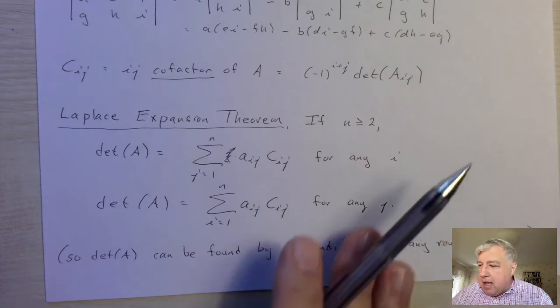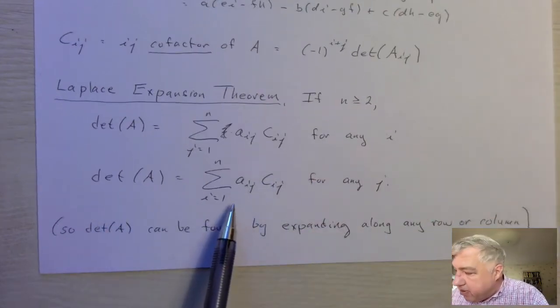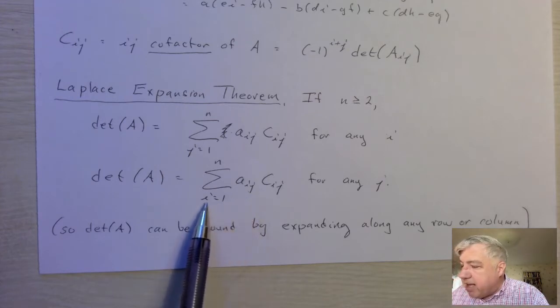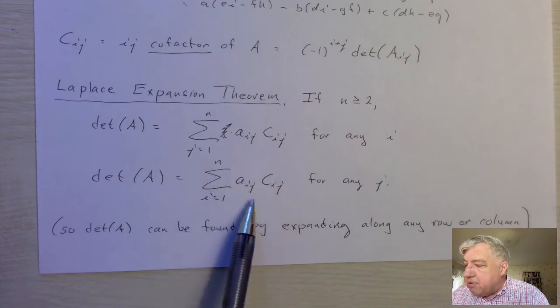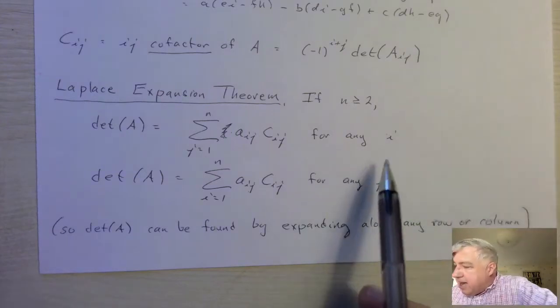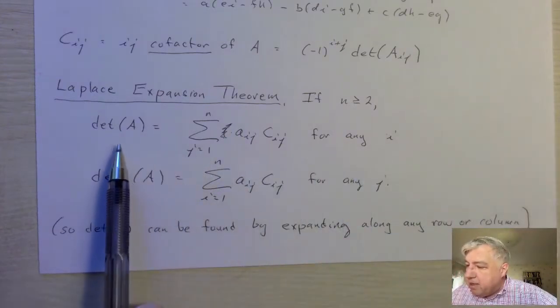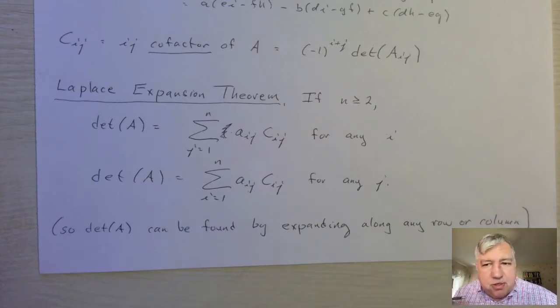And this next one says that this will hold for any j. If you let i run from 1 to n and fix j, then this sum will be the determinant for any j. So this basically says you can expand along any row or any column. Okay, and that's the Laplace expansion theorem.